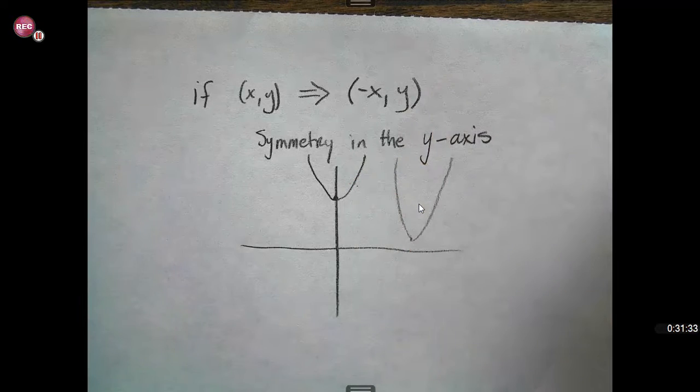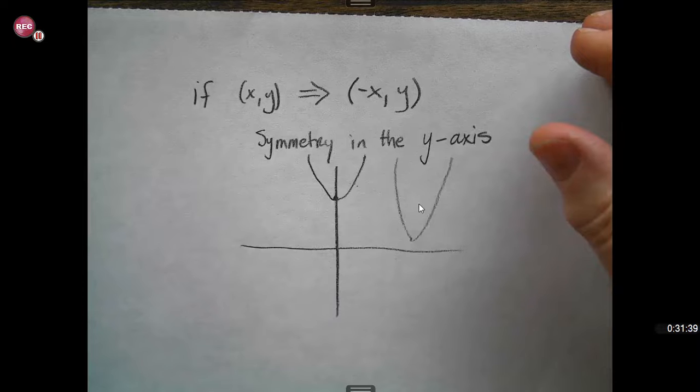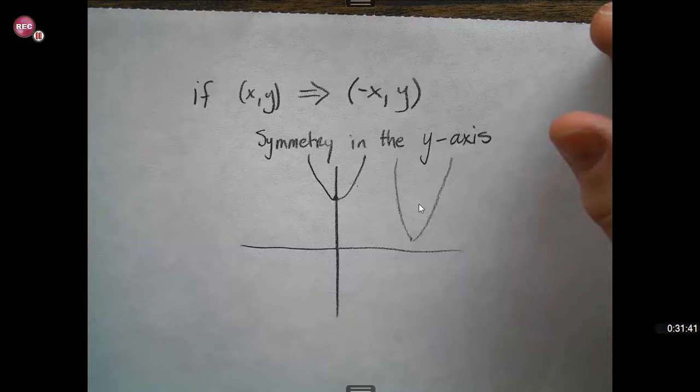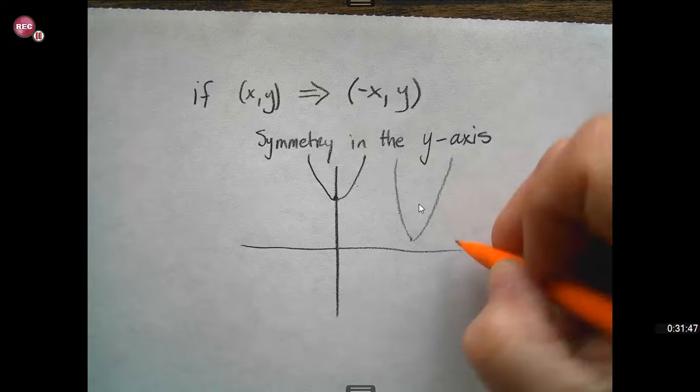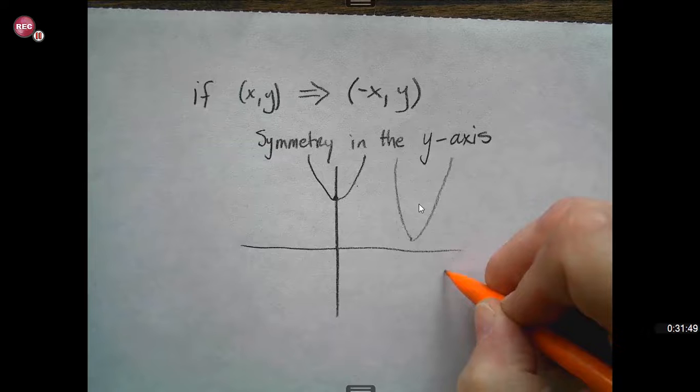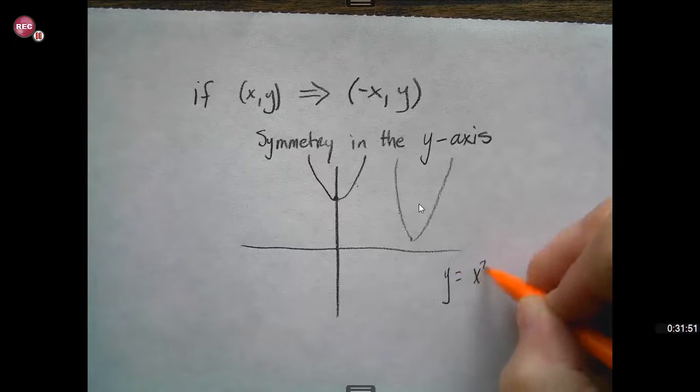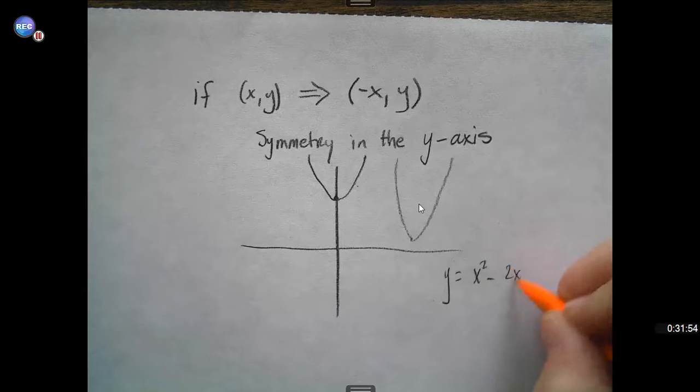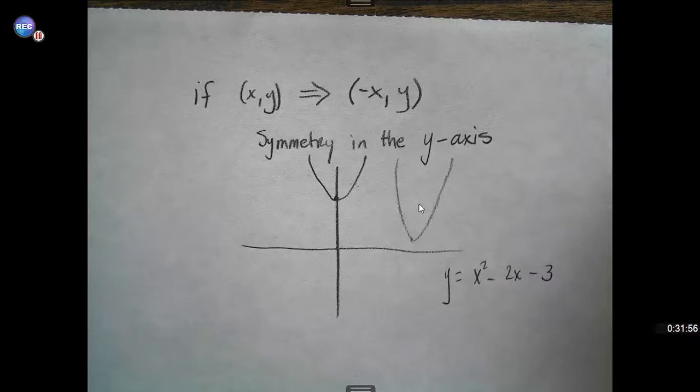Okay. So that's really all there is to that. It's not any more difficult than that. So if I'm looking at y equals x squared minus 2x minus 3, something of that nature, this will not have symmetry in the y-axis.